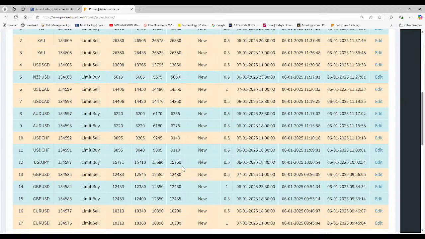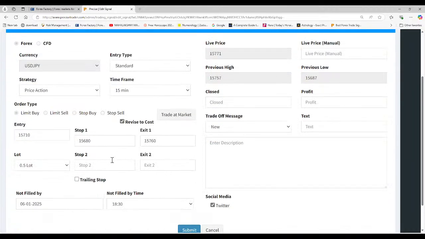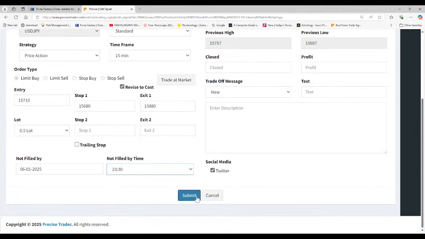So this is until 1830. Okay, so this one, I think maybe we can fight for the high to break. Which means if it breaks, then we can get 15880, and this time we extend it to 2330, because I also want to be in this trade.